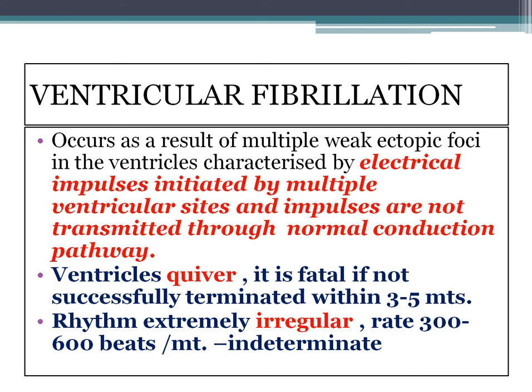You keep in mind few points about VF. In VF, the rate is very high or indeterminate and the rhythm is extremely irregular without a specific pattern. There is no specific pattern for ventricular rhythm in case of VF. Then about the QRS shape, it is irregular. We can see undulating waves without recognizable QRS complex.